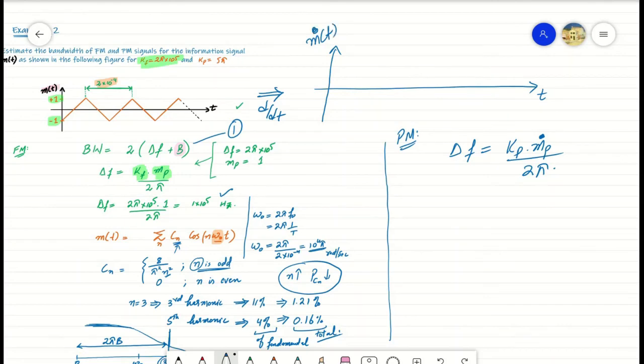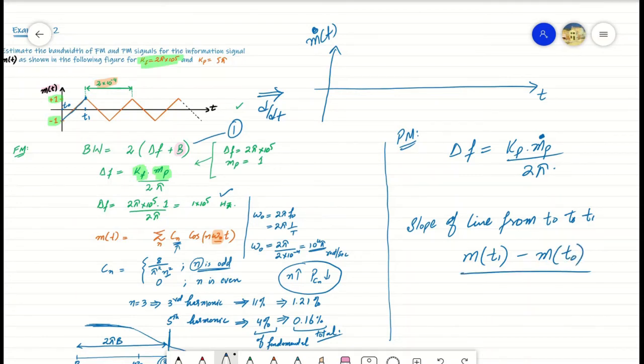As we know that these are straight lines, the slope of each straight line can be calculated. So if we calculate the slope of the first increasing line, that is from -1 to +1, between the time instants t0 and t1, the slope is the value of the information signal at t1 minus the value at t0, divided by the separation between these two time instants, t1 minus t0.